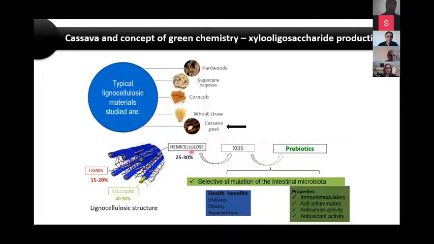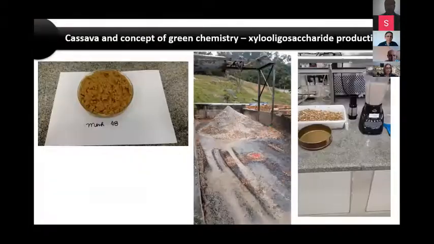The idea is to take the hemicellulose, cut it, and produce XOS. XOS is basically a prebiotic compound, which means it favors bifidobacteria and other bacteria beneficial for our health, and it can be produced from cassava peel. This is a picture of cassava flour processing, which has been providing the cassava peel for us.